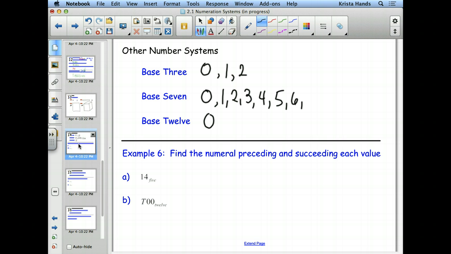All right, base 12, we run into a problem. Any idea what problem I'm going to run into? I'm going to have double digits if I only use the digits we actually have in base 10. I'm supposed to have how many digits? I'm supposed to have 12, right? Because I'm in base 12.